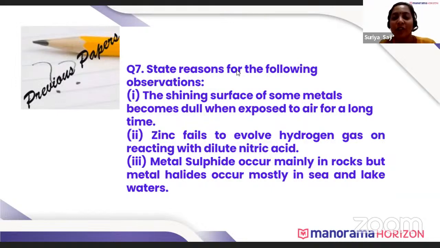Okay, next question. Metal sulfide occurs mainly in rocks, but metal halides occur mostly in sea and lake waters. Why? Why does metal sulfide occur in rocks and metal halides in sea and lake? Make it fast.